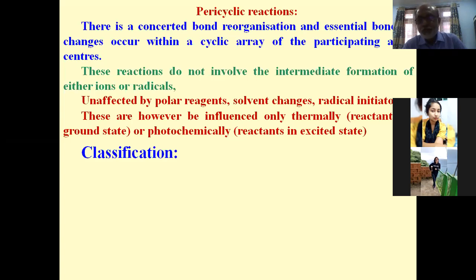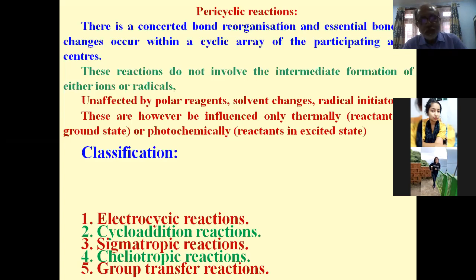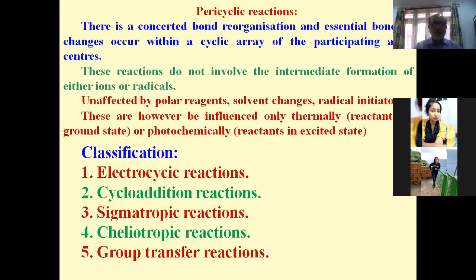Then group transfer reactions. Yes, you see here: electrocyclic reaction, cycloaddition reaction, sigmatropic reaction, cheletropic reactions, a term we'll be explaining, and group transfer reactions. So these are different classes of pericyclic reactions.